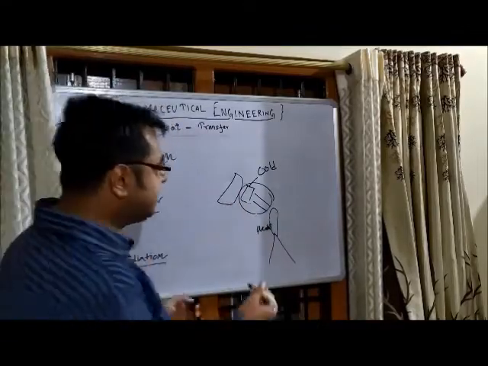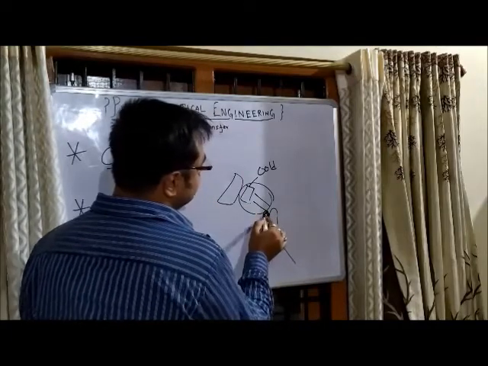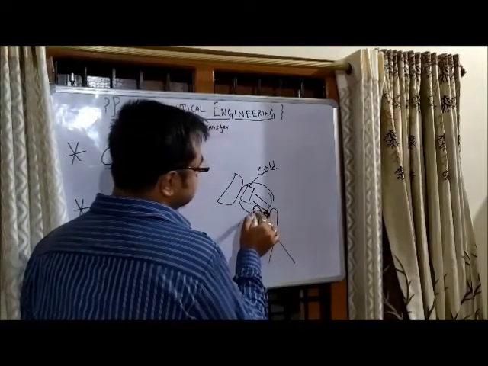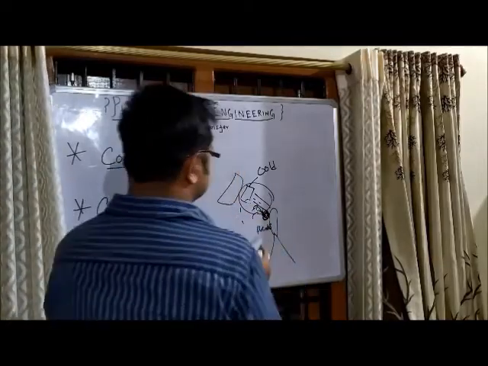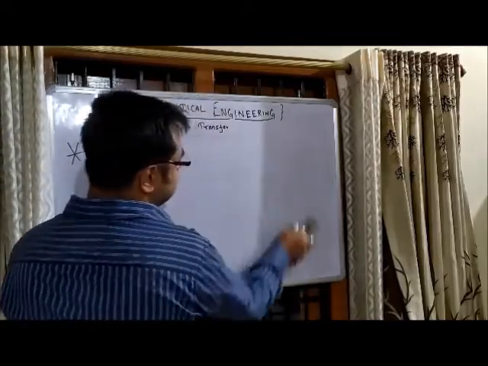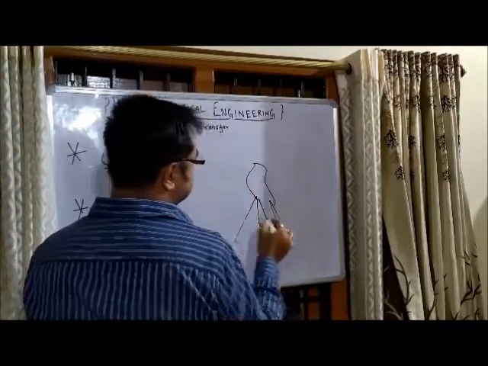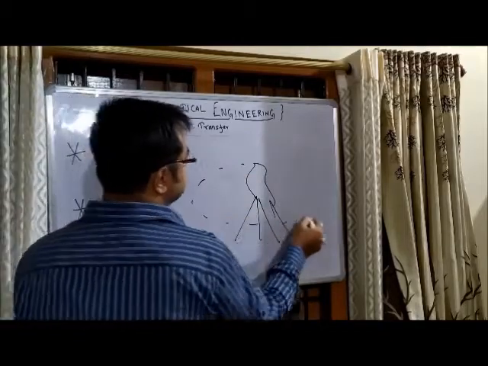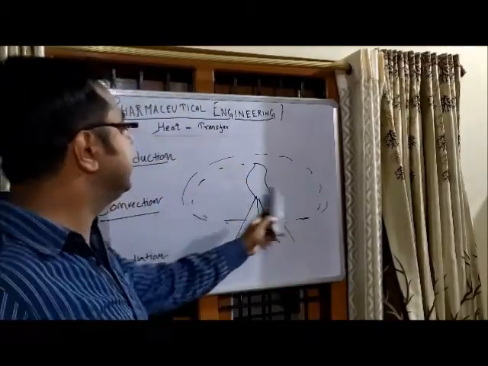In convection, the heated air will slowly heat up the surrounding air, and finally we get an area like this. Suppose here we have a bonfire. It will generate a radius around it where we will feel the heat.